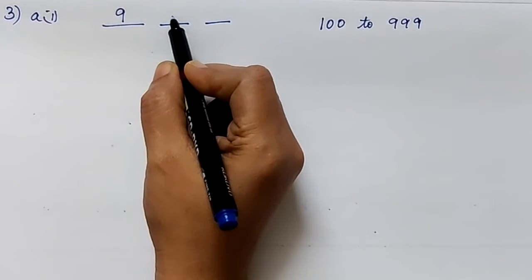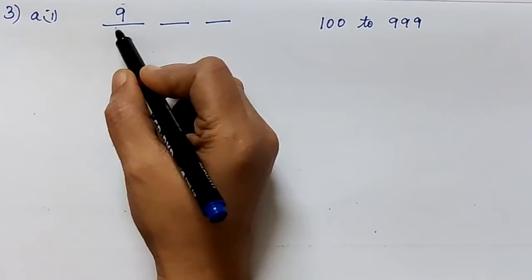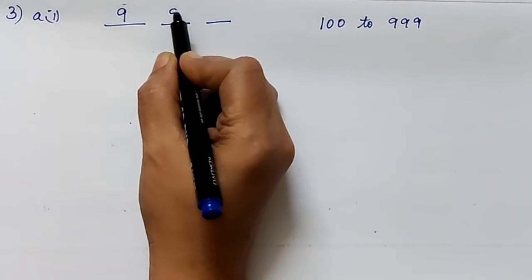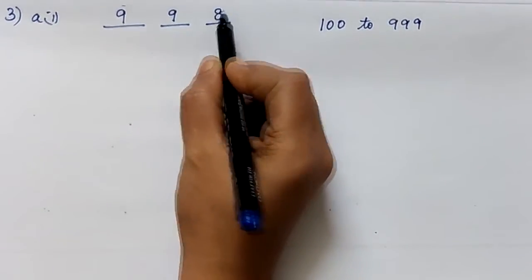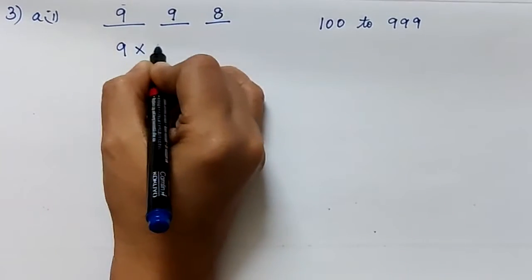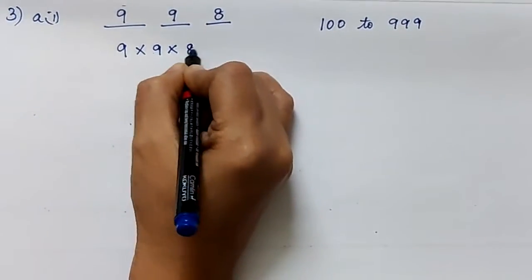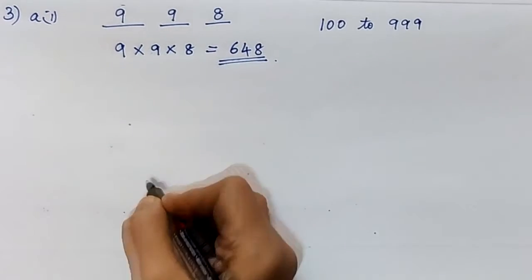And here when you take one number is already selected. So among the 10 numbers, 1 number is selected. So 9 more numbers will be there. Here 2 numbers are selected. So 8 more numbers can come over here. So for the first part, it will be 9 multiplied by 9 multiplied by 8. That will be equal to 648 selections will be there.